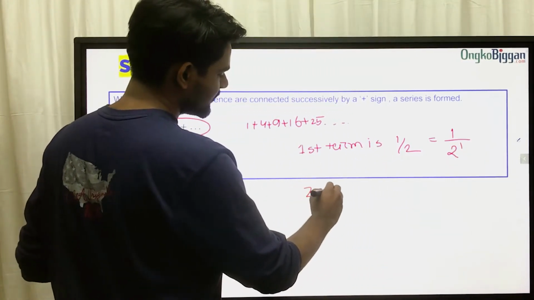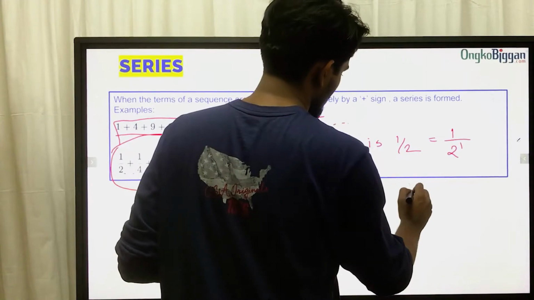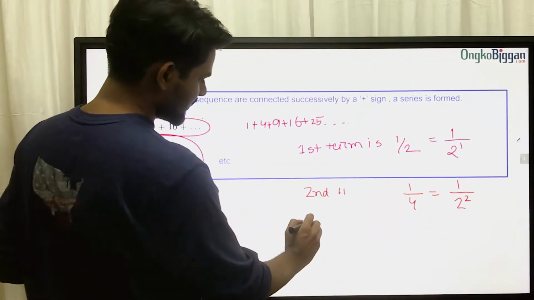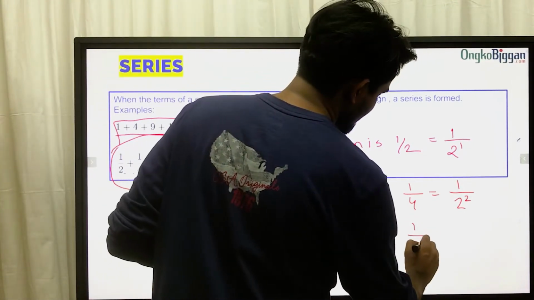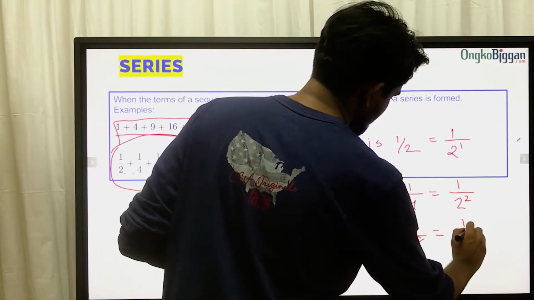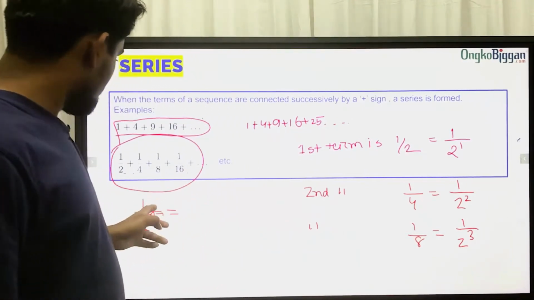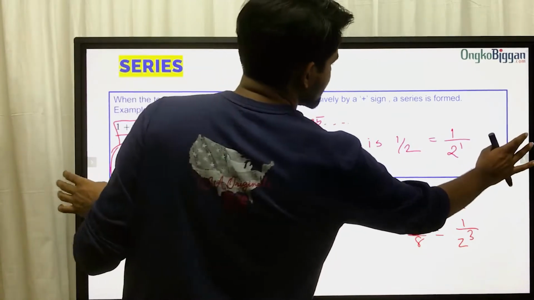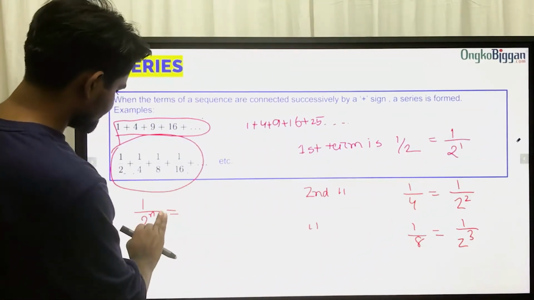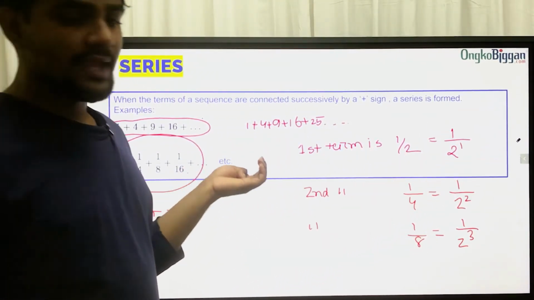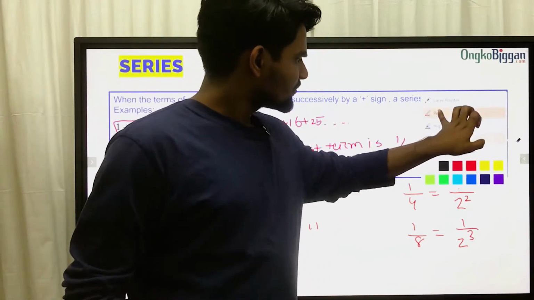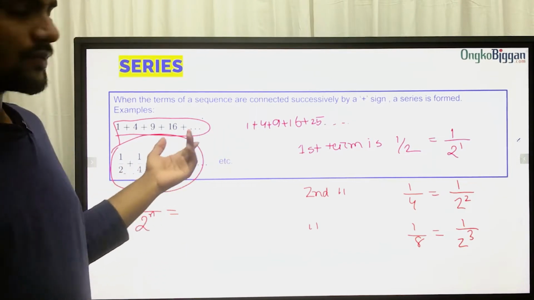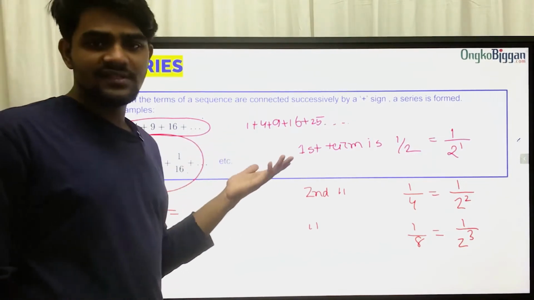Similarly, the second term is 1 by 4, so we get 1 by 2 squared. And the third term is 1 by 8, that is 1 by 2 to the power of 3. So it will actually be 1 by 2 to the power of n, not n minus 1. So see how a series is formed.